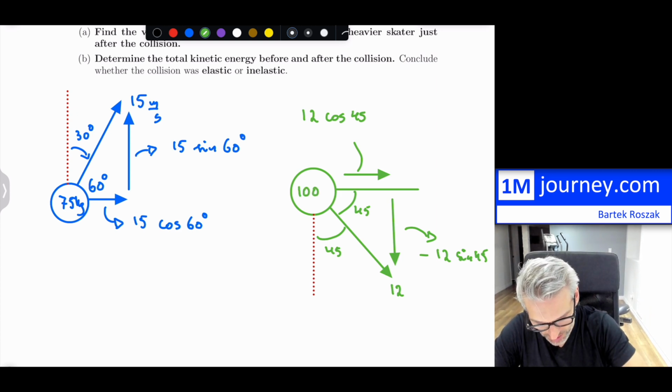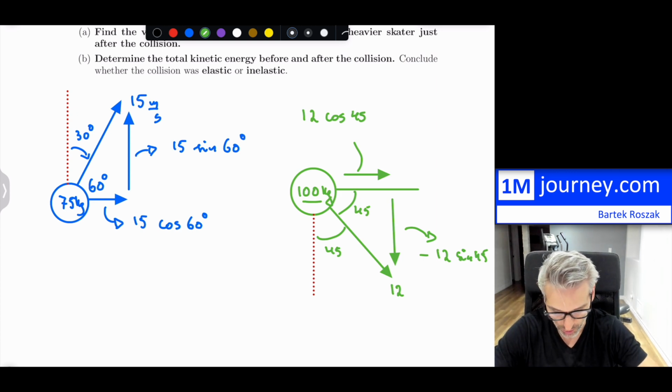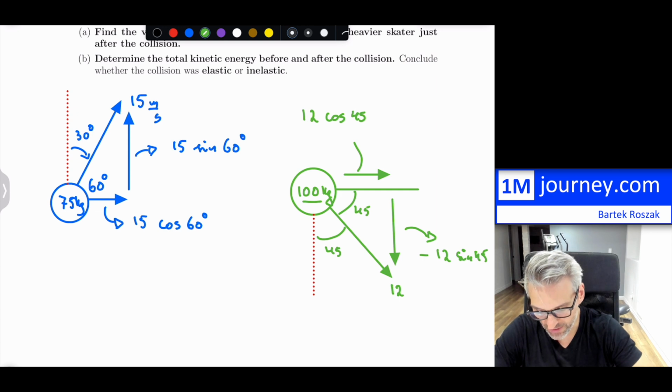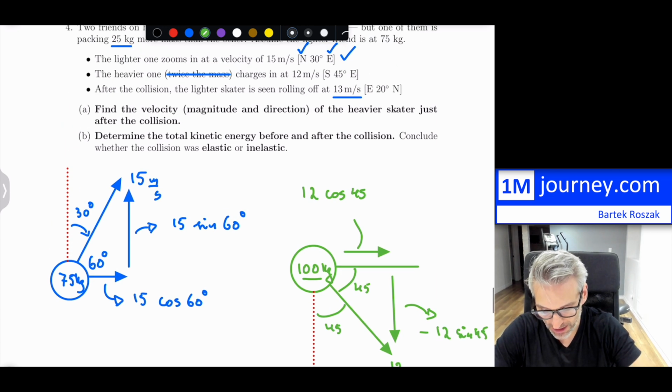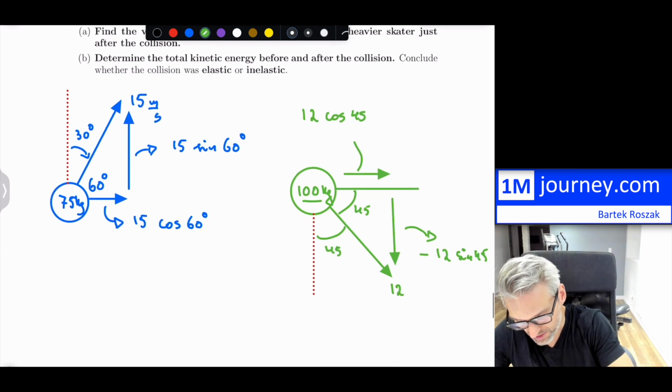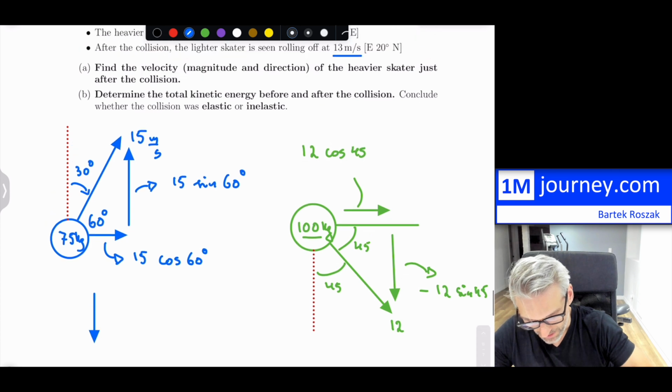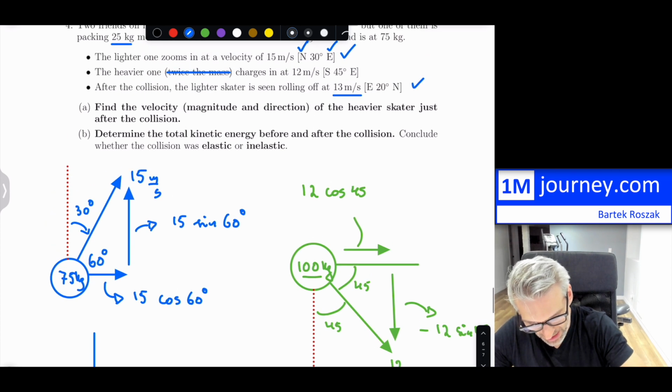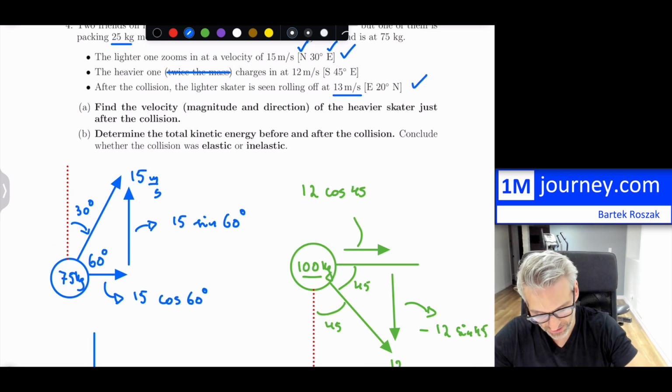And this one is 100 kilograms because it's 25 kilograms more. So I now have all of these components. Now, my last component: the lighter skater afterwards is moving at 13 meters per second, east-north.